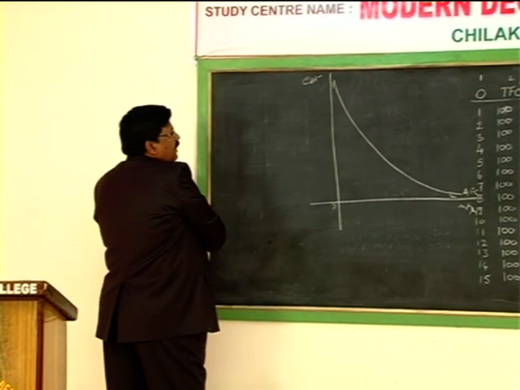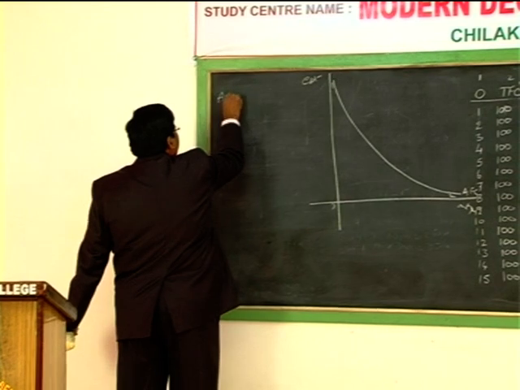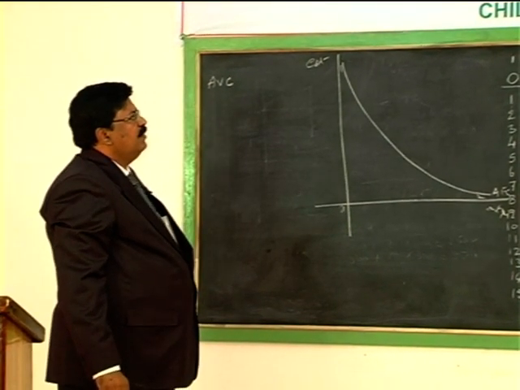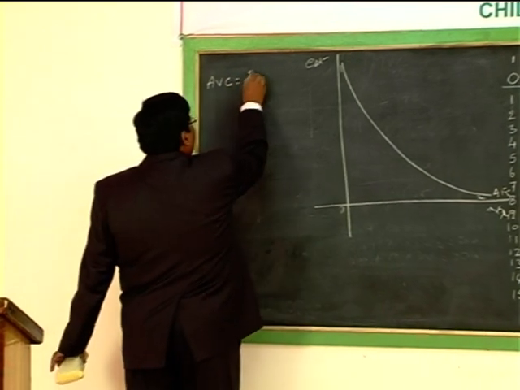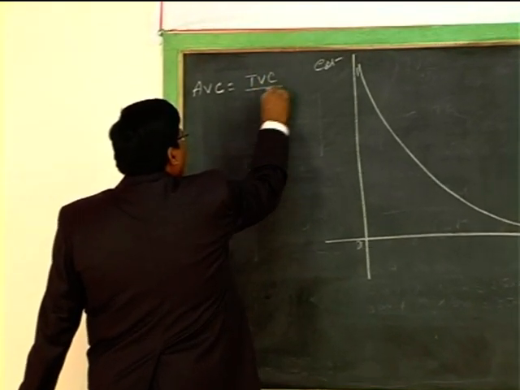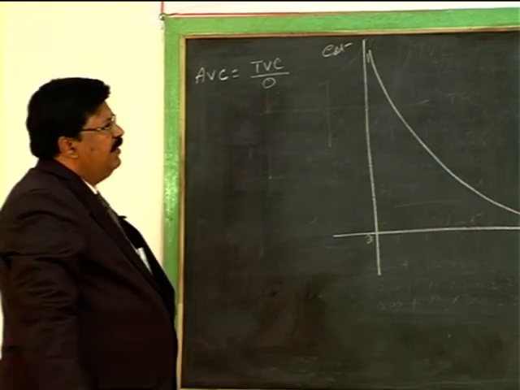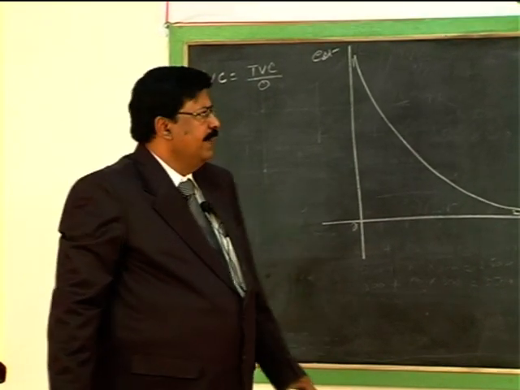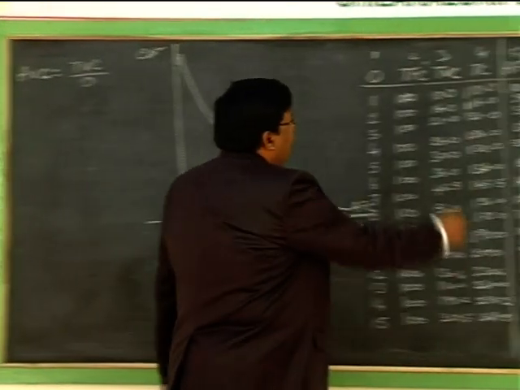Let us see average variable cost. How to calculate average variable cost? The formula is total variable cost divided by number of units of output, TVC by Q. Now let us see what the AVC is.